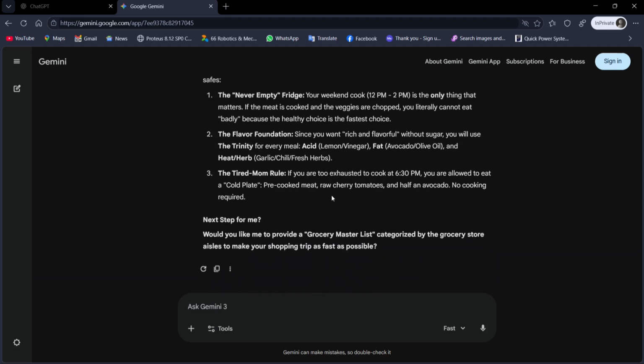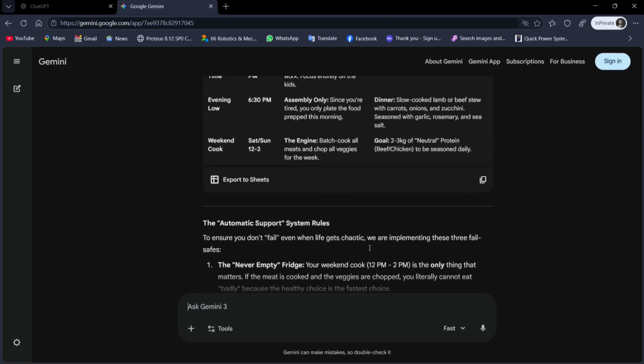Then we have the third recommendation: the tired mom. If you are too exhausted to cook at 6:30, you are allowed to eat a cold plate: pre-cooked meals, raw cherry tomatoes, half an avocado, no cooking required. Next step, it asks: would you like me to provide a grocery master list categorized by grocery stores to make your shopping trip as fast as possible?